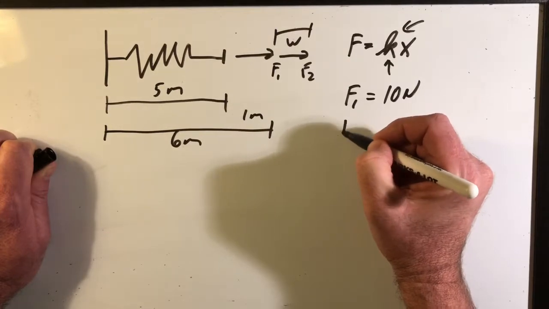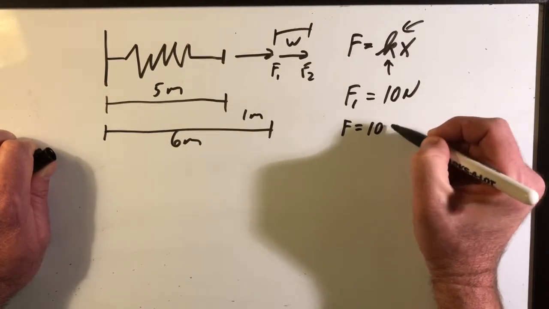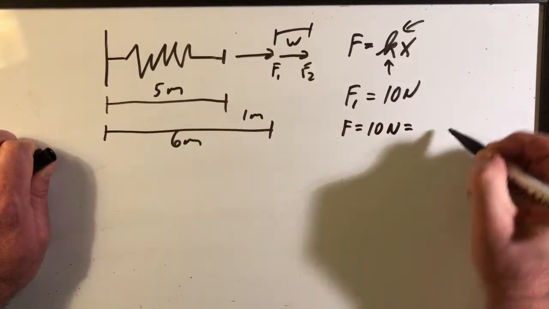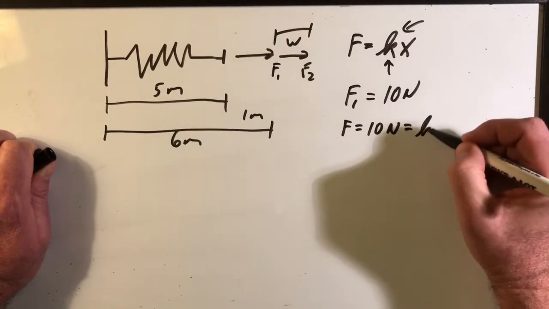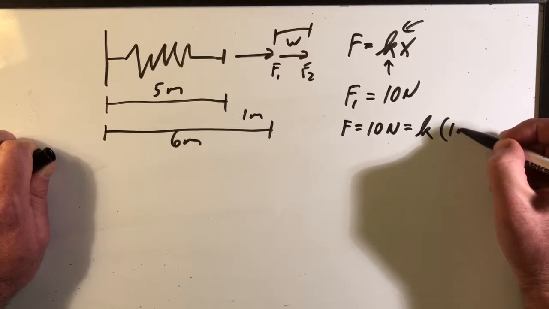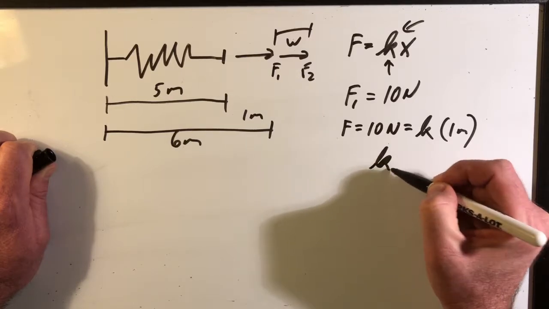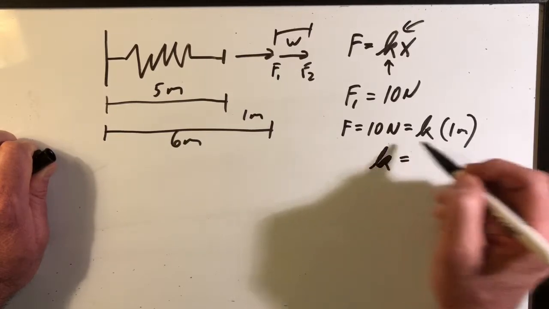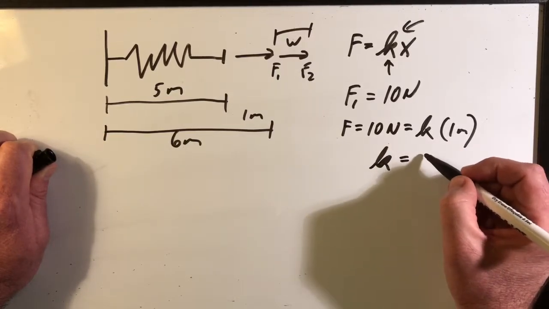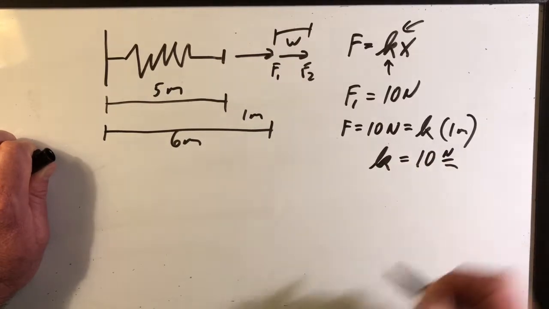So force equals 10 newtons equals K, and then it'll be times 1 meter. So I'll be able to calculate K, just divide those, and that'll be just 10 newtons per meter.